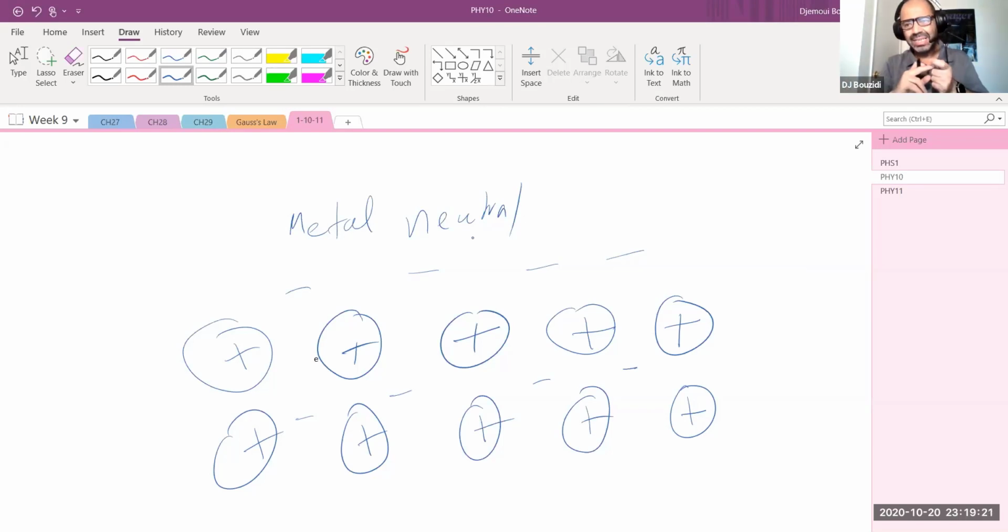But take, for example, a piece of an insulator, like this rubber here. The electrons are tightly connected to their atoms, so they cannot really move freely. In a metal, they have the ability to move freely.